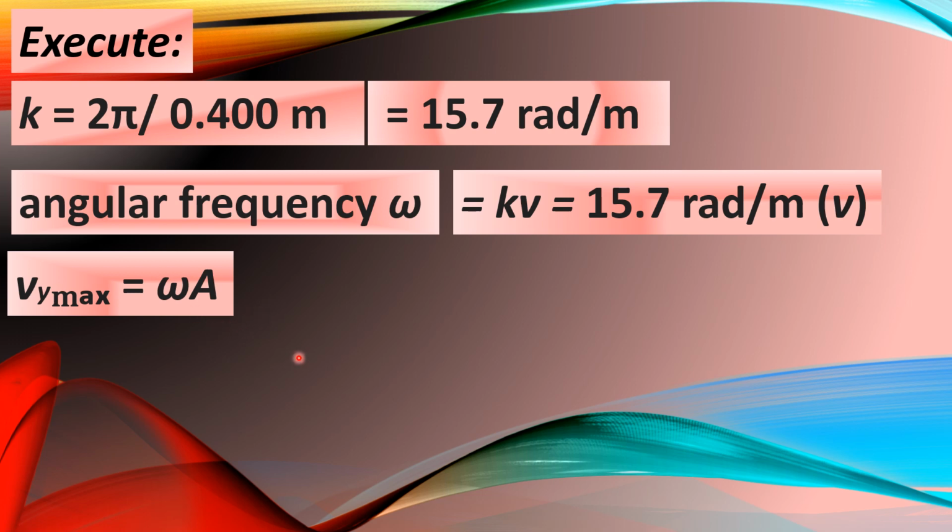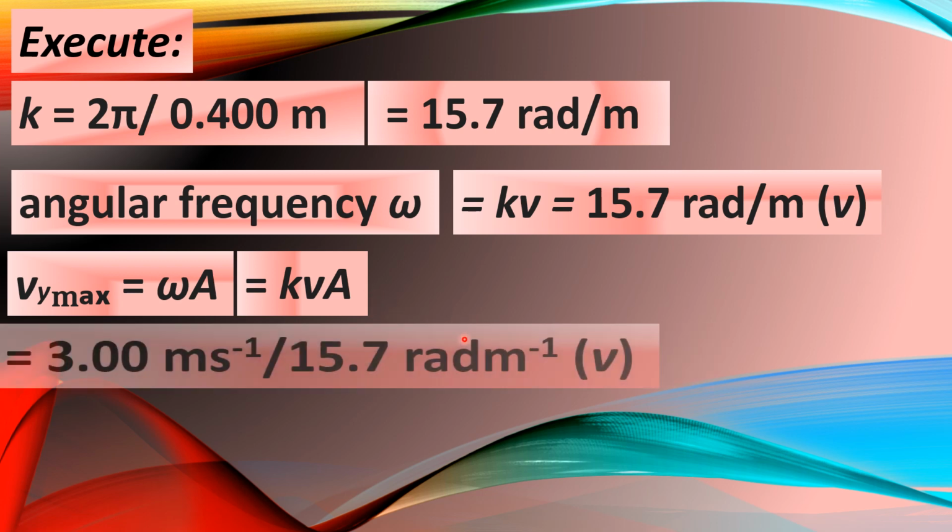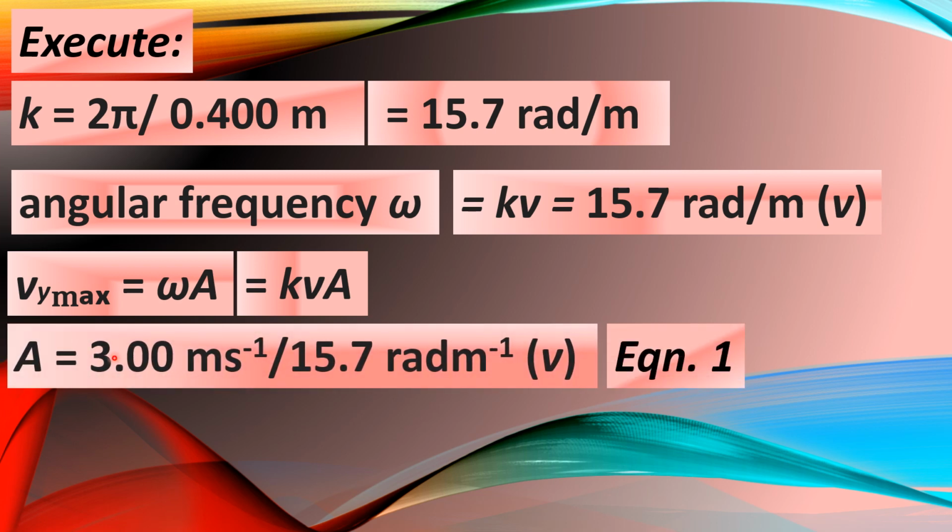And this can be equated: the v sub y max can be equated to the wave number k multiplied by the speed of wave propagation and the amplitude capital A. Since our target variables are v and the amplitude A, we will isolate capital A, or the amplitude of the wave, and come up with this first equation, or equation number one.